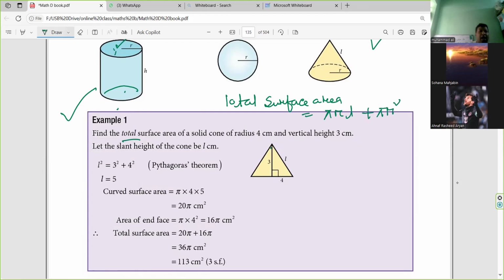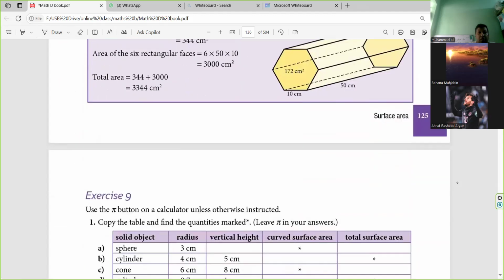But you don't have the slant height. You have the vertical height and the radius. So at first, by using the Pythagoras theorem, you find the slant height. Here, the slant height is 5. The curved surface area is pi rl, this one. And the area of the base is pi r square. So you can add both of these, and you will get the total surface area.